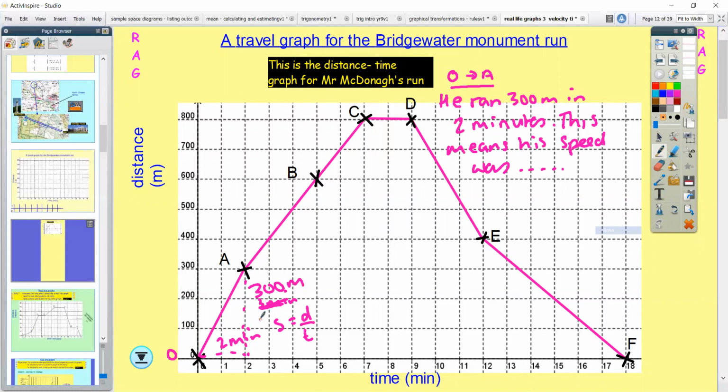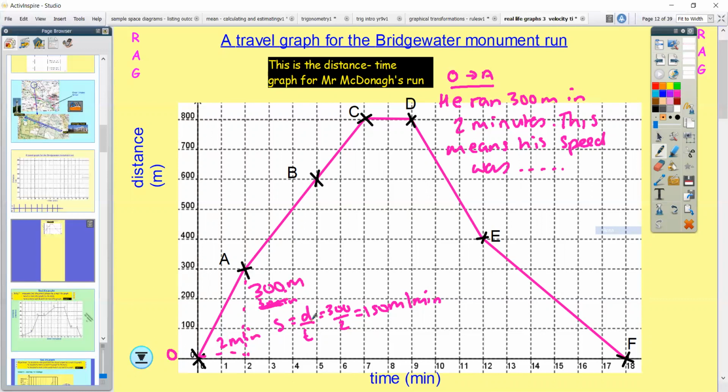It's how quickly we change our distance. So we change 300 meters in 2 minutes, which gives us 150 meters per minute. And they can write these calculations on their sheet as well, for something they could stick into their book. Okay. So there's a bit of discussion there about speed.